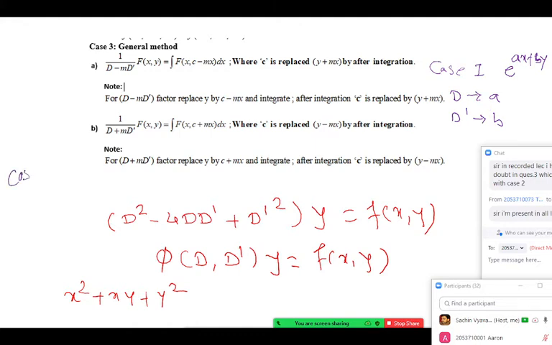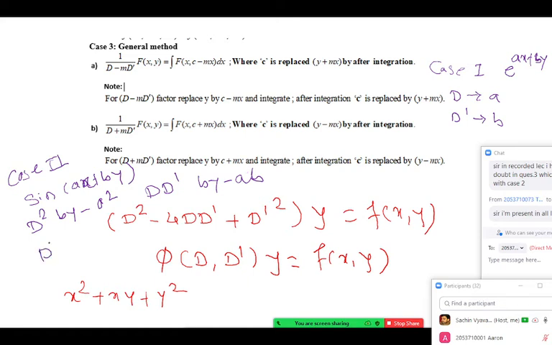Case 2 we already completed, where we saw sine or cosine of ax plus by. In such a case, we replace D squared by minus a squared, DD' by minus ab, and D' squared by minus b squared. These things we learned in the last session. We replace these and get some number, and that becomes the PI.